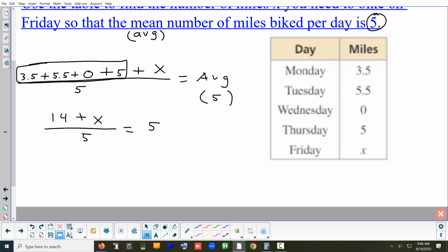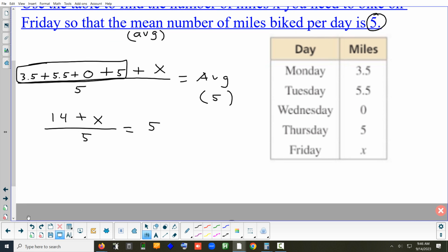Now, when we solve this one, it's a little bit different. I know we normally follow the same steps, but when you have a problem that has you find an average, the first thing you want to do is get rid of the divided by 5 on the bottom. This is a special case, and the only time you do this first. How do you get rid of dividing by 5?